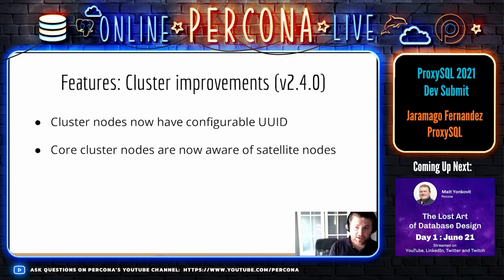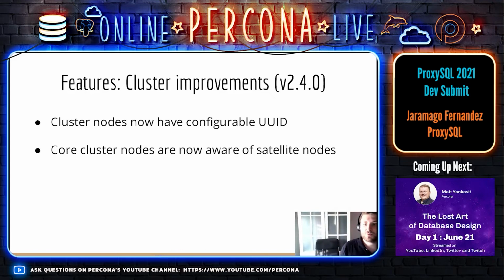These UUIDs are used by the nodes to announce themselves when they connect to another cluster node. So when a cluster node performs a connection to another cluster node, it announces itself using the previously mentioned UUID.